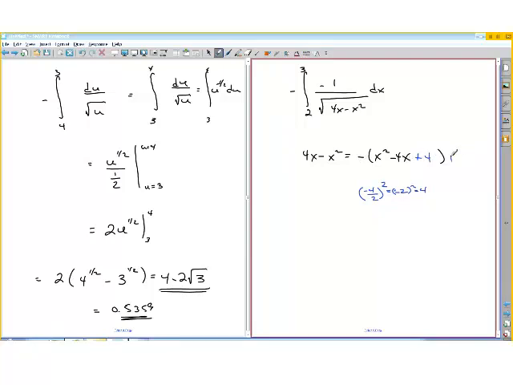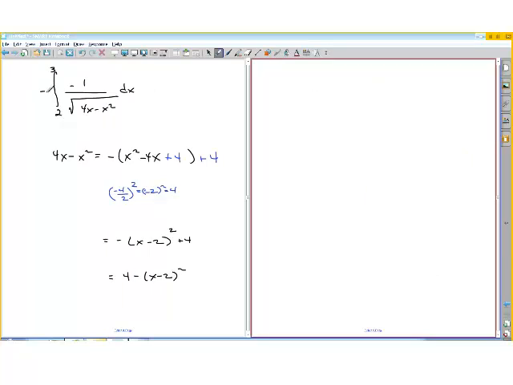We multiply by negative 1, so we're really subtracting 4 from the equation, so we have to add 4 again. So 4 times negative 1 is negative 4, plus 4 is 0, and we get back to our original expression. Now we can rewrite those 3 terms as a complete square, x minus 2 quantity squared, plus 4, or you can say it's 4 minus x minus 2 quantity squared.